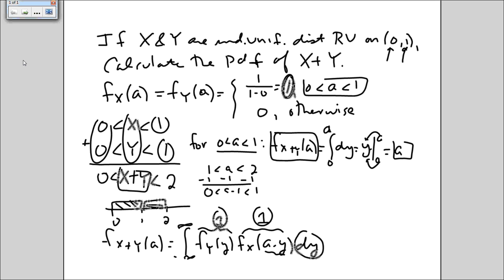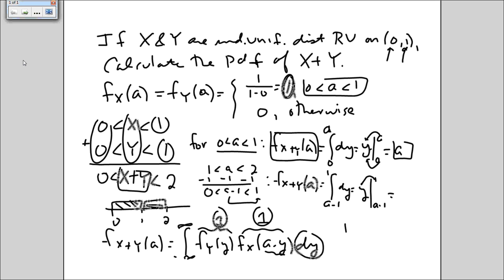Okay. So f sub x plus y of a is going to equal the integral from a minus 1 to 1 of dy. The integral of dy is still y, from a minus 1 to 1.